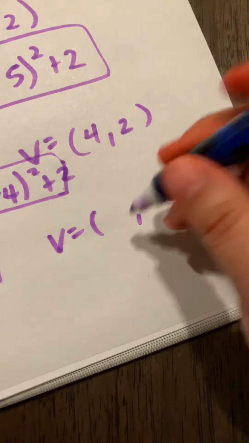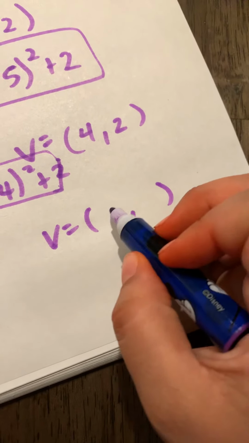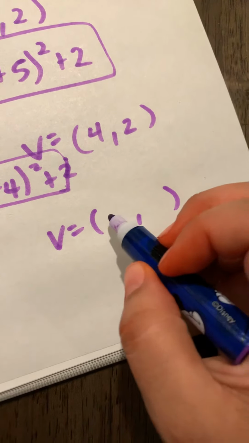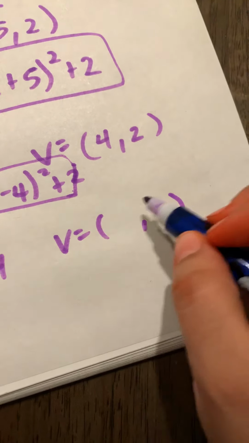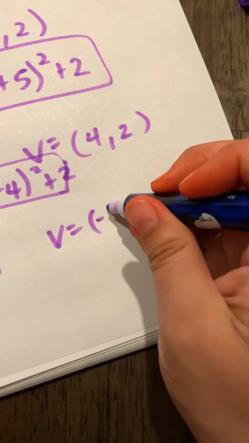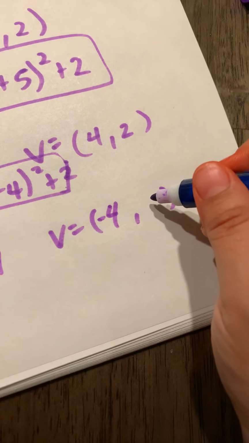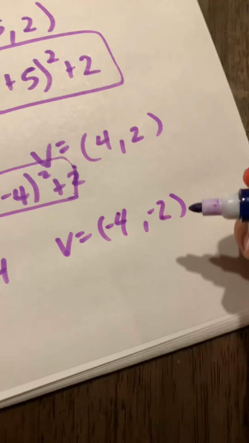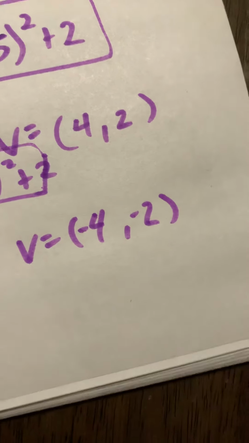And if it shifts down 2 and left 4, you have to remember which one does what, right? The first value of the vertex moves you left and right, so left 4. And then the second value is what moves you up and down, and it says down 2. So this one, they kind of told you the information backwards just to try to trick you when you did the vertex.